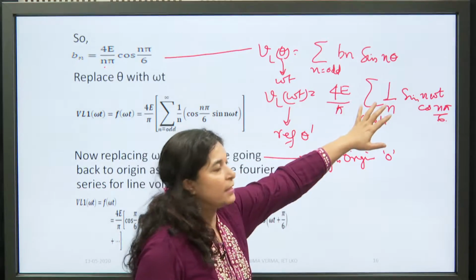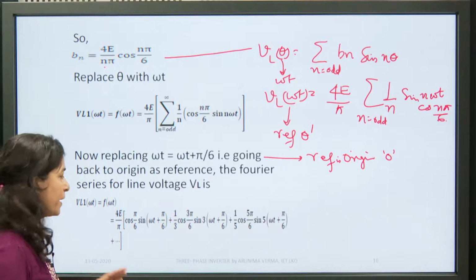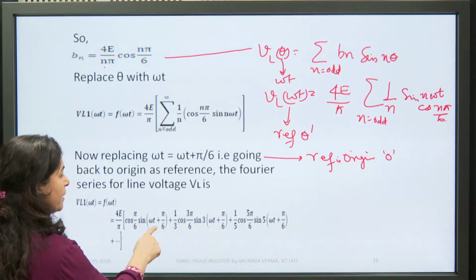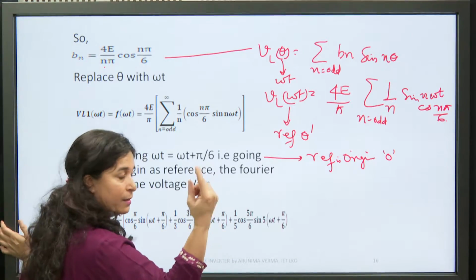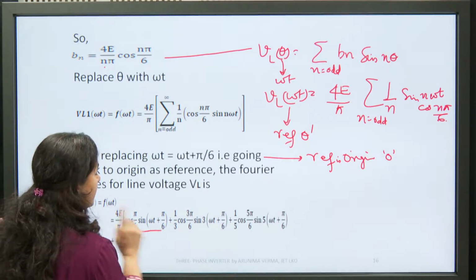The same series is expanded as shown in the figure. Here you can see that when you put n as odd numbers, we get this as the fundamental.